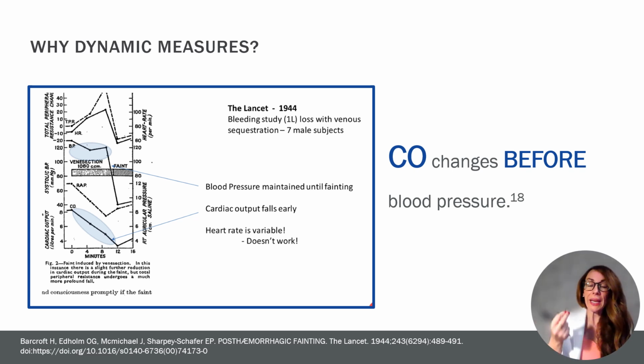What's really helpful about looking at cardiac output or stroke volume is this: the formula for cardiac output is cardiac output equals heart rate times stroke volume. As heart rate climbs, it helps compensate for the drop in cardiac output, which means stroke volume, while impacted by heart rate, is slightly less impacted by it.